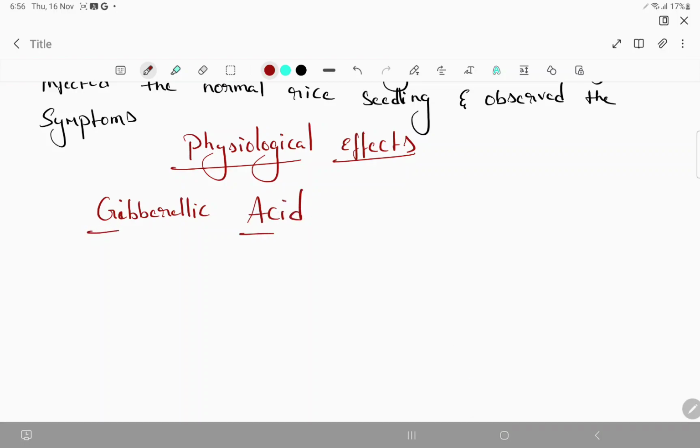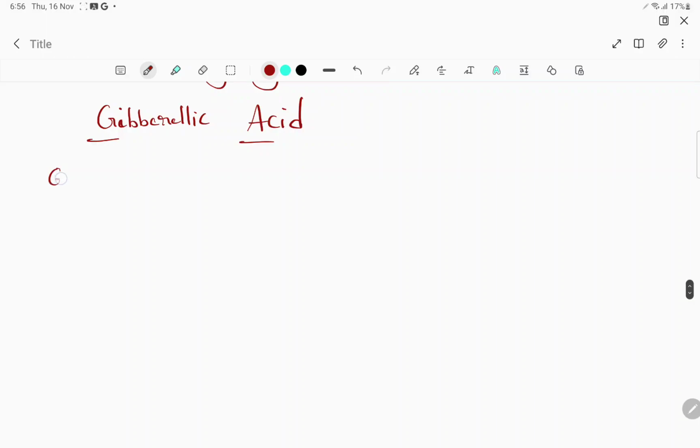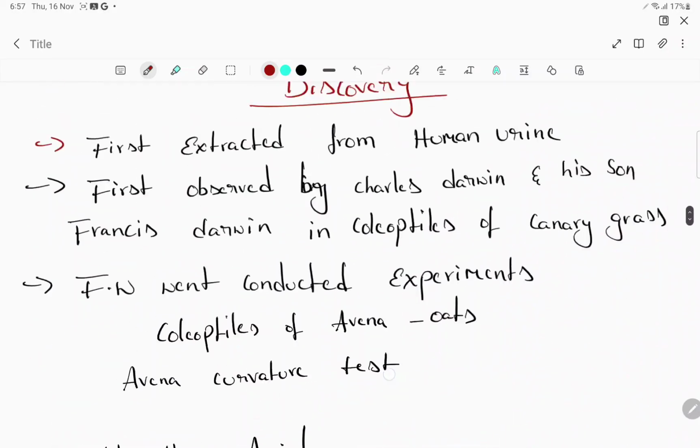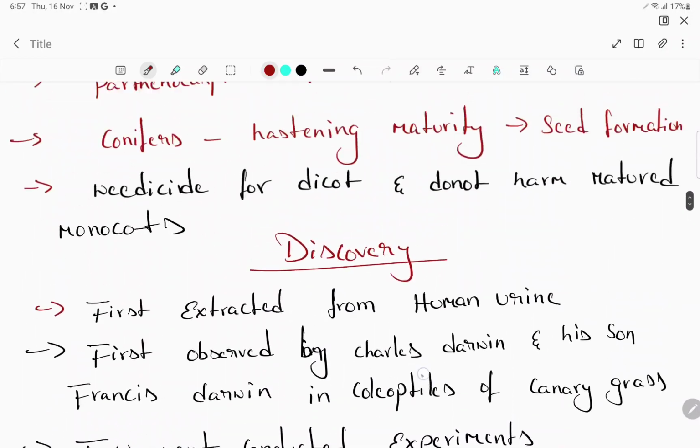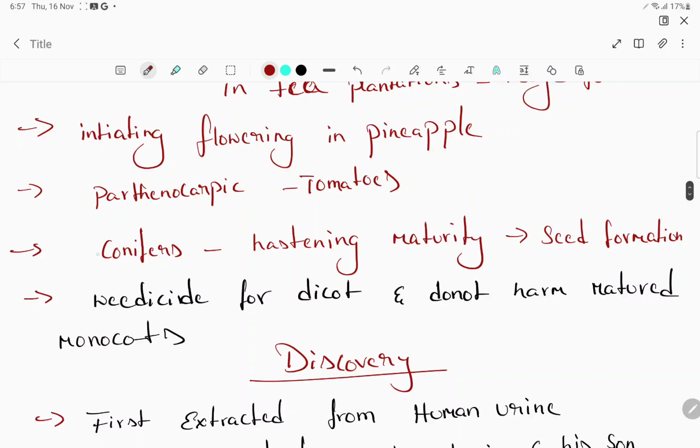Remember G and A. G for grapes. So excuse me. There is one point. Actually, this point I have given something wrong.